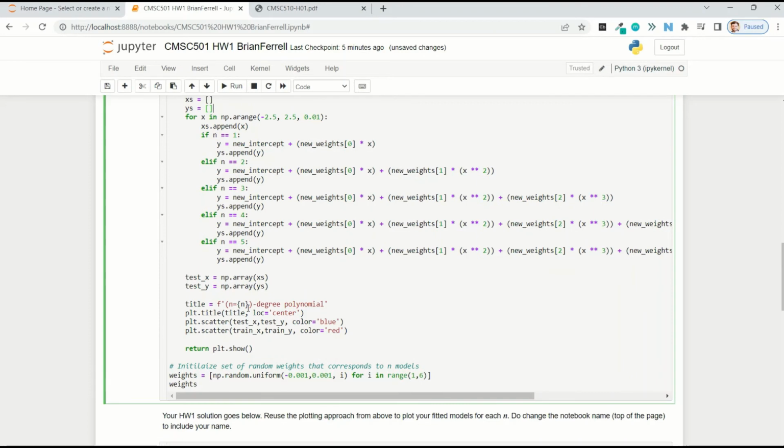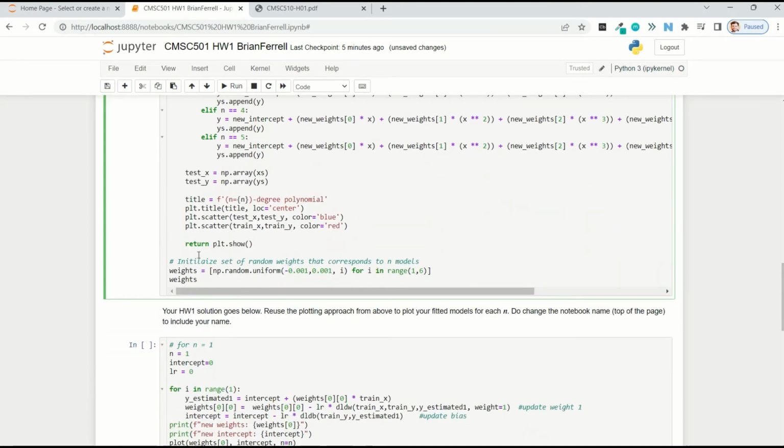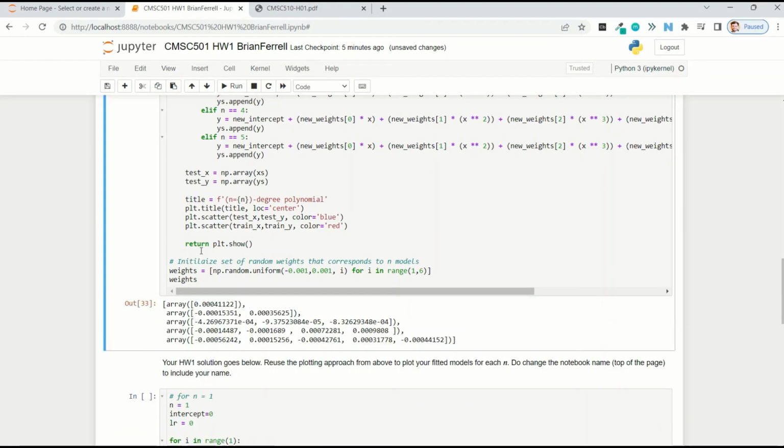That way it'll be easier to see a fitted line for our actual data. So if I go ahead and run this, it's setting our weight matrix, and I went ahead and put it all within a list of lists.